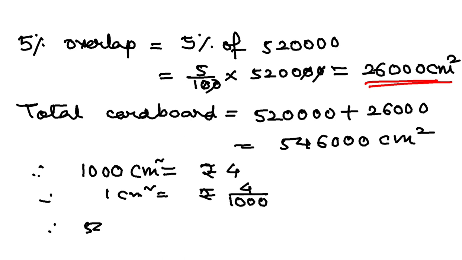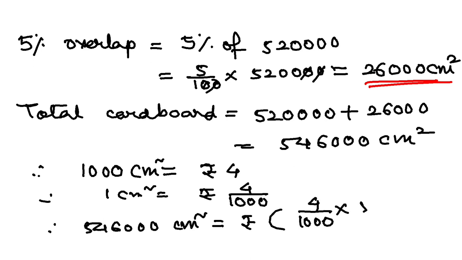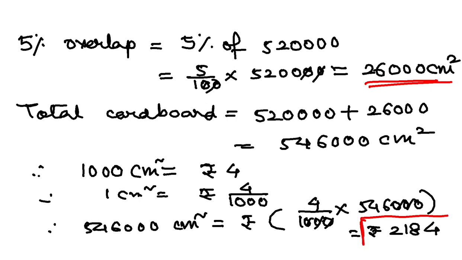So 546,000 centimeter square will cost you rupees 4 by 1000 into 546,000. That will give you rupees 2184. So this is the final cost of preparing the sweet boxes. Alright, so this question is also very important. Now let's go to question number 8.